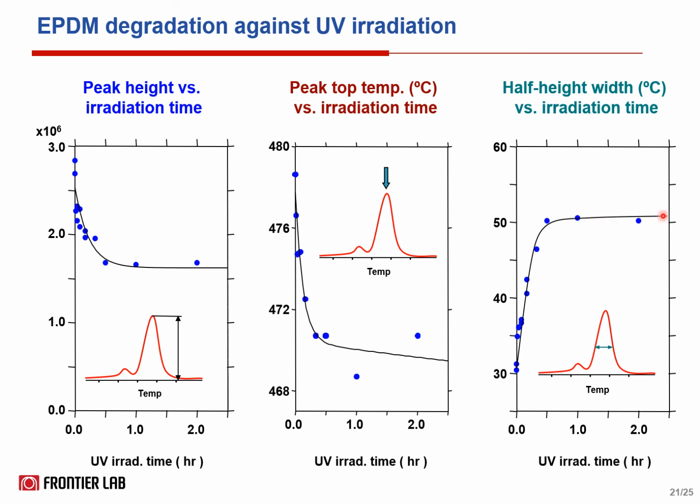So these results indicate that the degree of photothermal and oxidative degradation of EPDM could be evaluated using the peak height, peak top temperatures, and the half height width of the peak in the EGA thermogram.